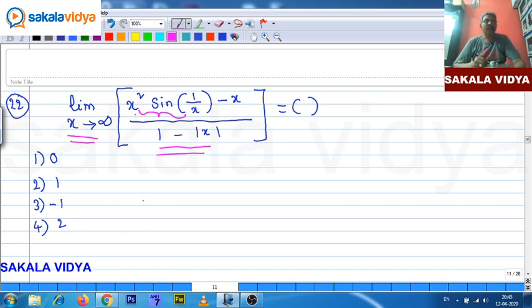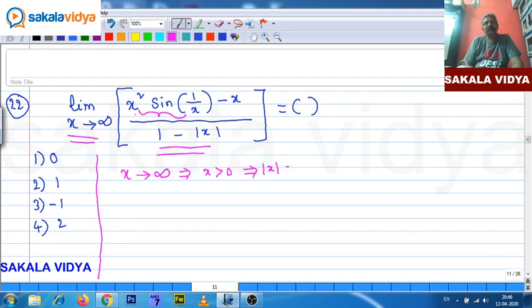So first we need to define the mod x function here, then after that we can solve this problem. X approaches infinity means positive infinity, that is x is greater than 0. Then we define mod x equals x.